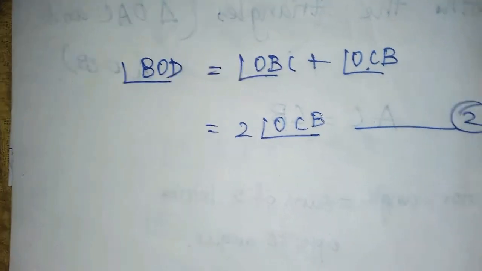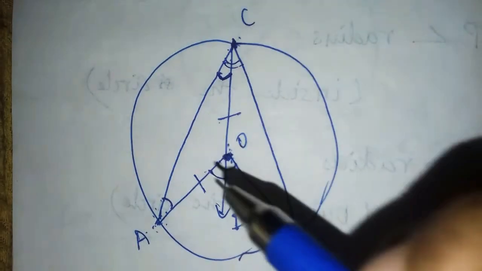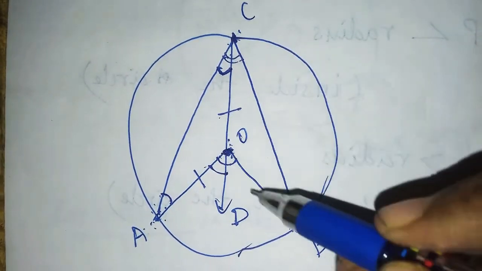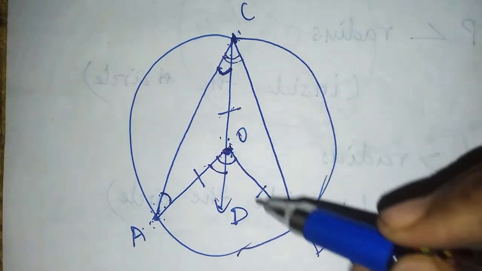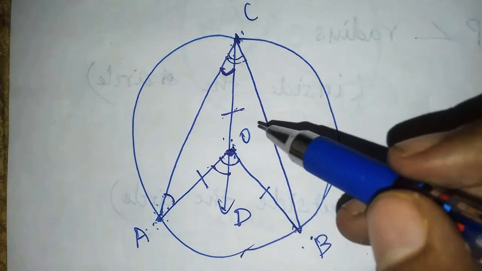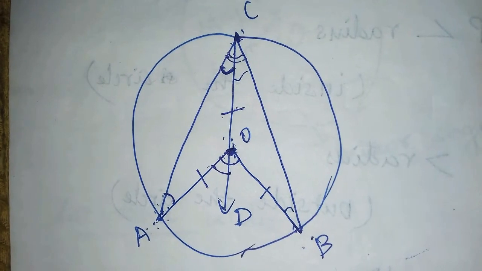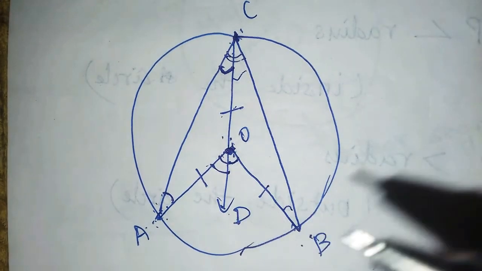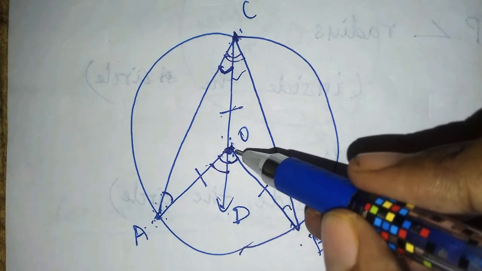Now let's see the same thing in the diagram. Now what we have written, first by this triangle we have written. Now here also these two sides are equal. This side OC and OB are radii. So these two sides are equal. So this angle and this angle will be equal. So this is the exterior angle, that is BOD, equal to the sum of two interior opposite angles. This is the interior angle.